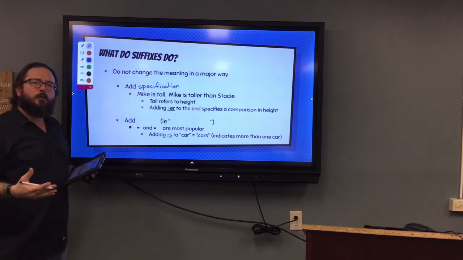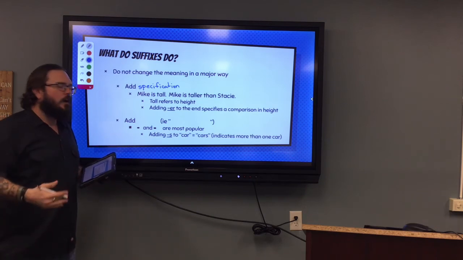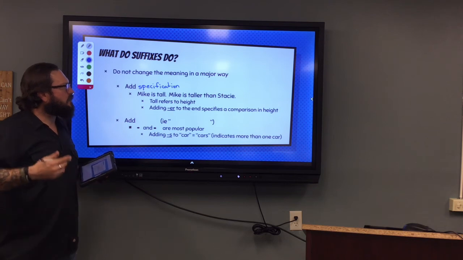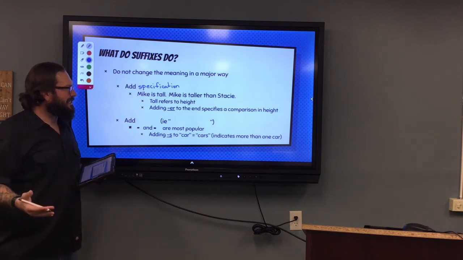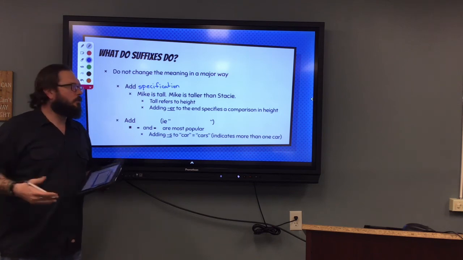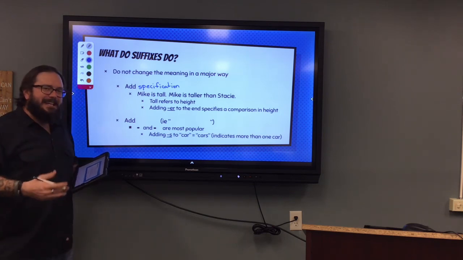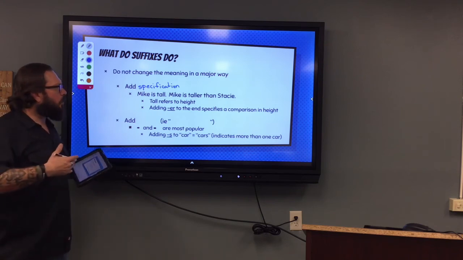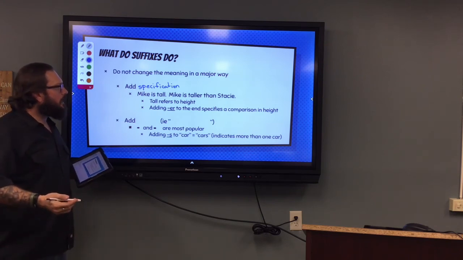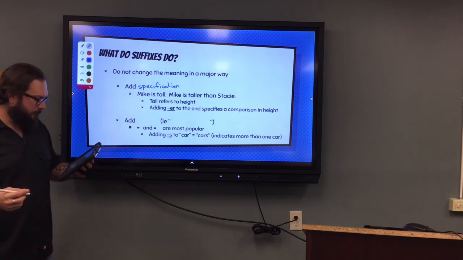In this example, we have the statement Mike is tall, followed up with the statement Mike is taller than Stacy. Tall, of course, refers to height. When we add er to the end of the word tall, it specifies a comparison in height.